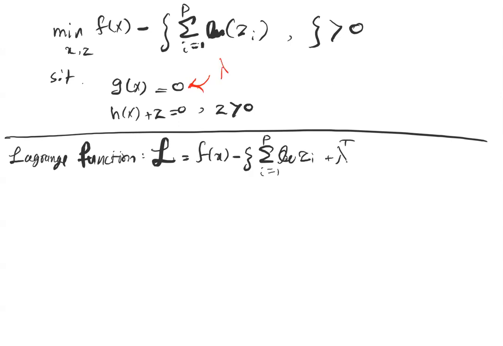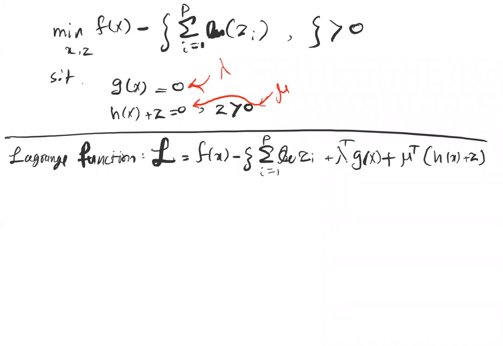Let's call them lambda. Let's call the corresponding Lagrange multipliers for this mu. Lambda transpose equality constraints plus mu transpose inequality constraints that now are transformed into equality constraints using z.